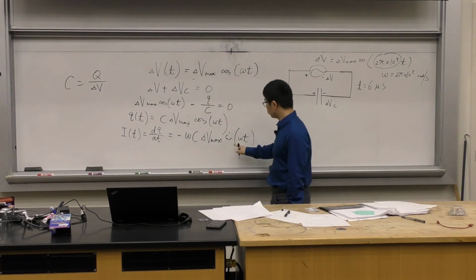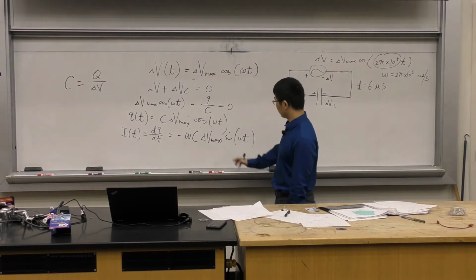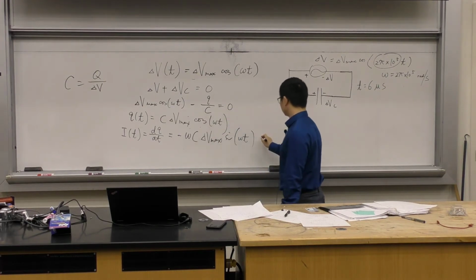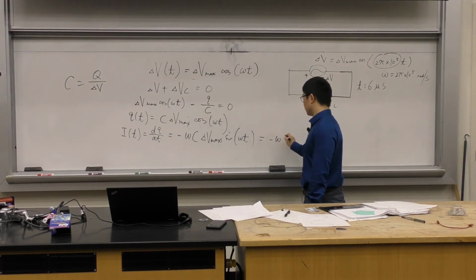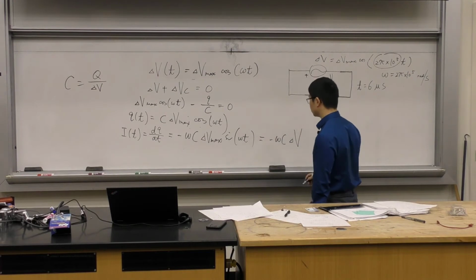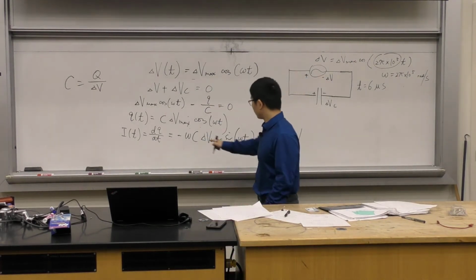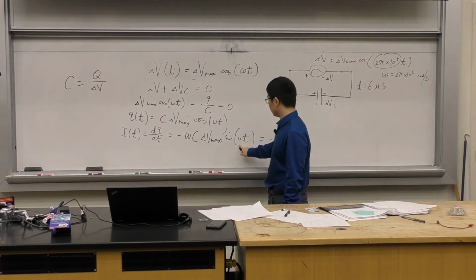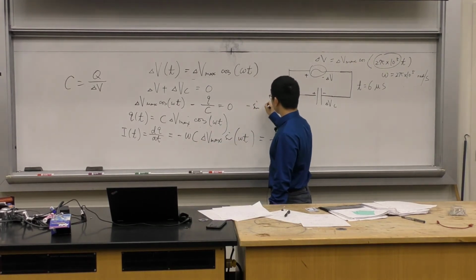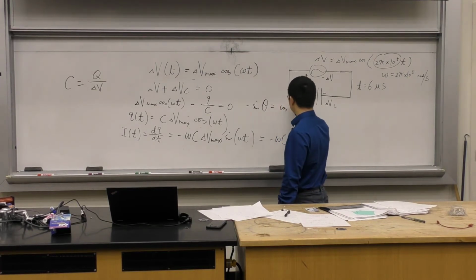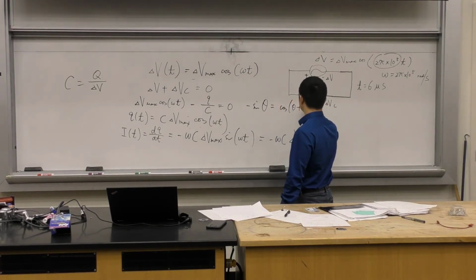Again, I want to replace this with cosine so I can compare the I function with the V function. Like what we just did, you replace this sine function, and I want to incorporate this negative sign with that. So negative sine theta is going to be equal to cosine of theta plus 90 degrees.